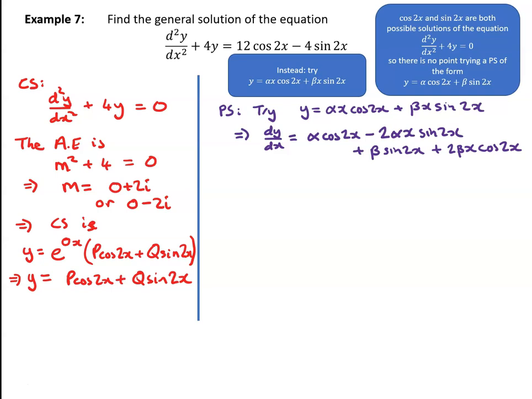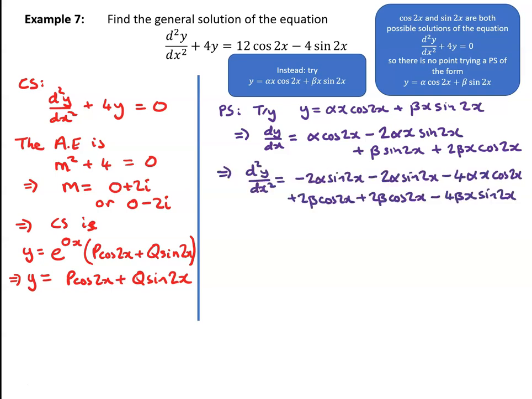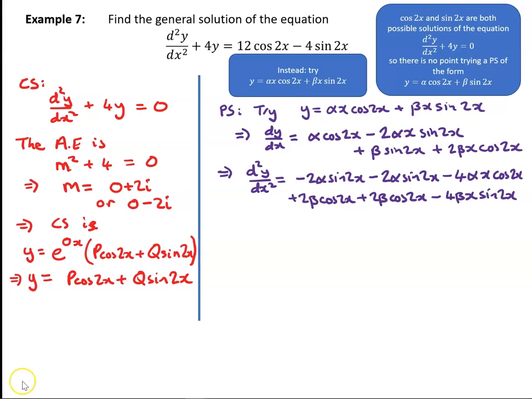Using the product rule again, we can find d2y dx squared, which is a fairly monstrous little expression, minus 2 alpha sin 2x minus 2 alpha sin 2x minus 4 alpha x cos 2x plus 2 beta cos 2x plus 2 beta cos 2x minus 4 beta x sin 2x.